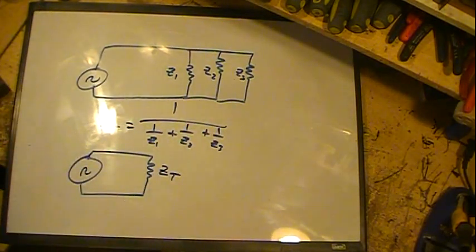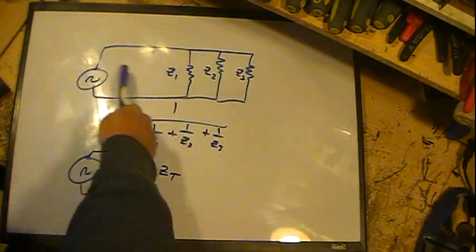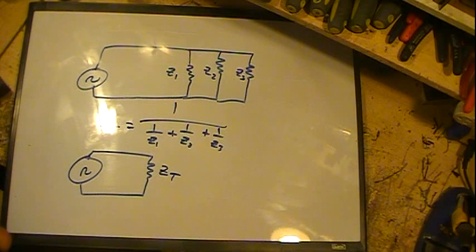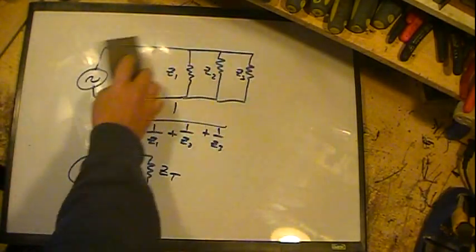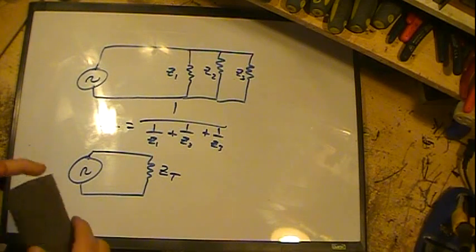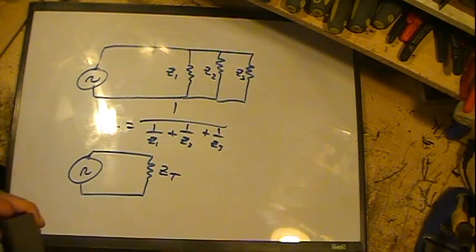Again, I can apply Ohm's law. I can find the current, take that current back to here and find various things going on there, wattage dissipation, power, and work out what's going to happen with that circuit in my design. That's why we use impedance.